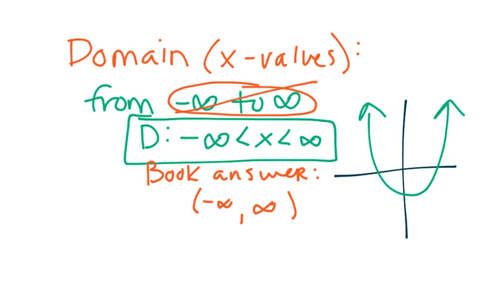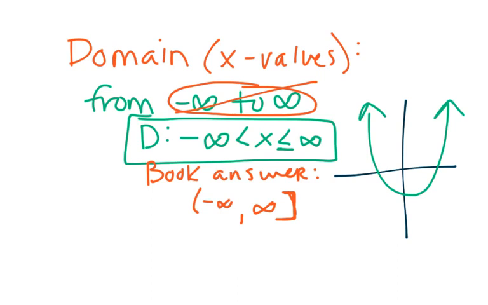And so the book answer has coordinate notation, and the idea is that you have a parenthesis versus a bracket. I would change this if this was equal to, which it never could be equal to infinity, but if that's equal to, then this parenthesis over here actually becomes a bracket.